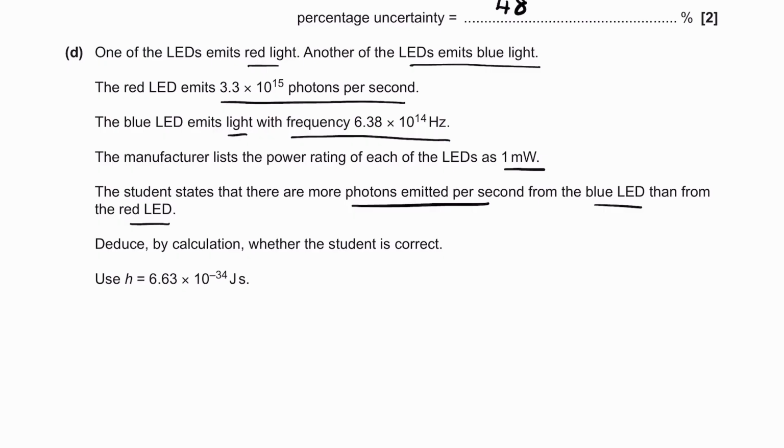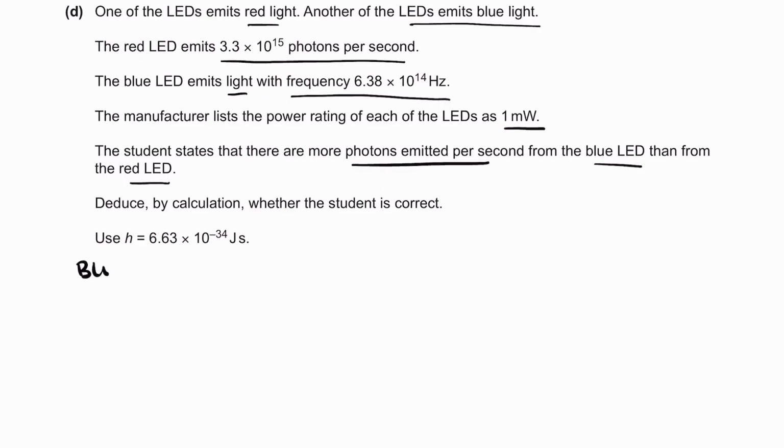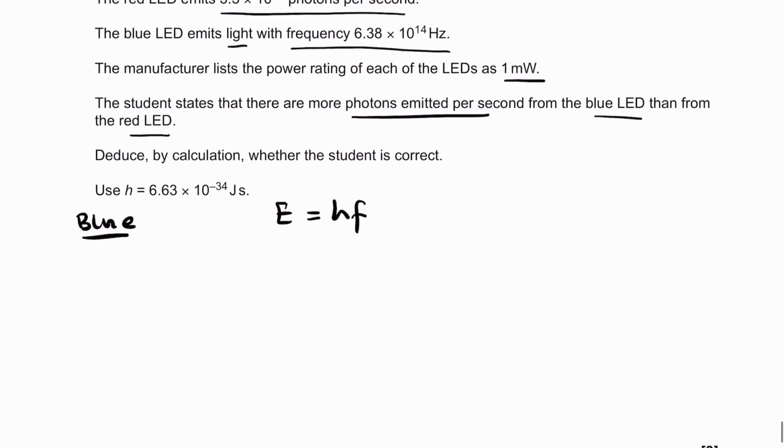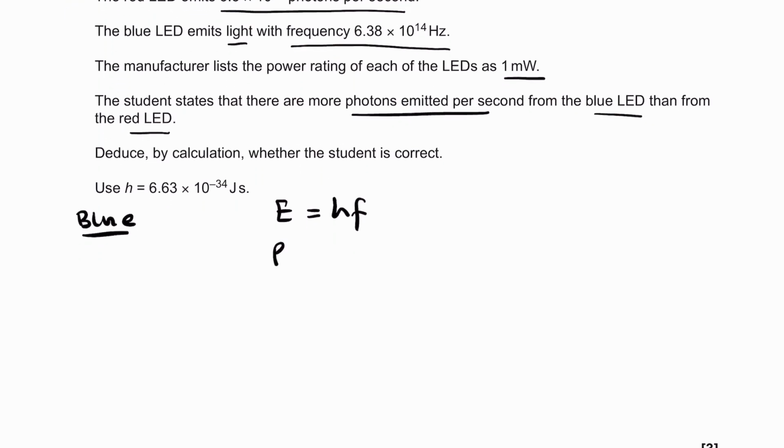Okay, let's talk about the blue LED, and then compare the number of photons emitted, because we've been given the number of photons for the red LED. For the blue LED, E equals hf, and I'm going to introduce power. Power is equal to n, the number of photons, over t, times hf.